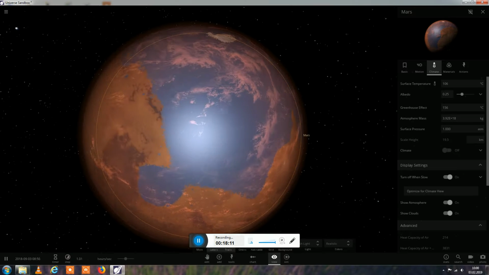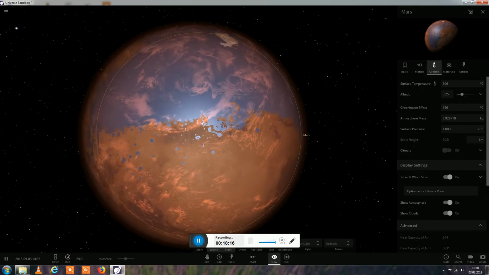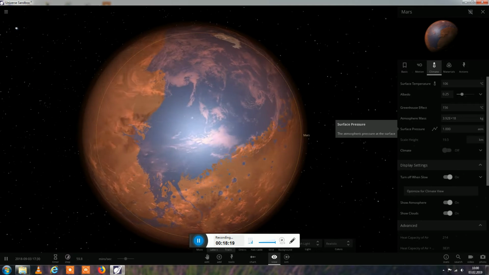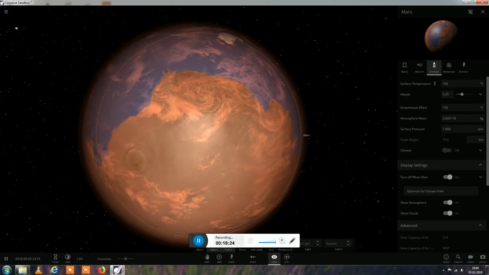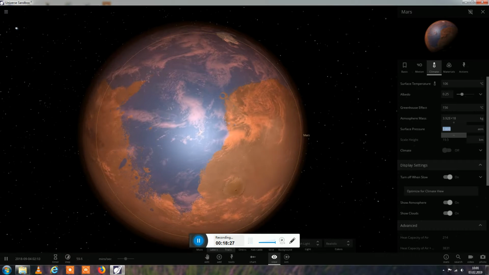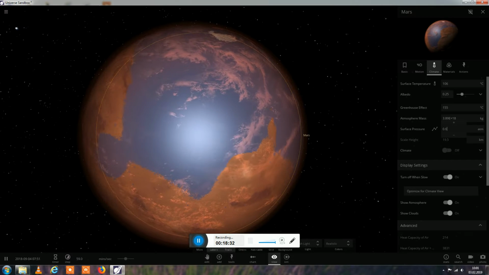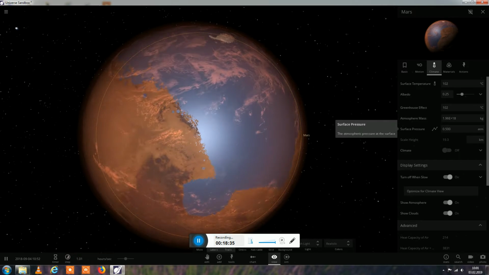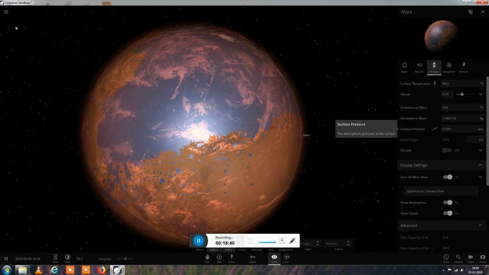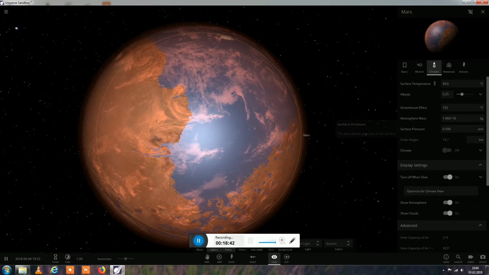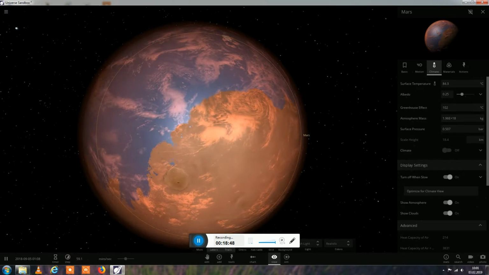So increasing the atmospheric pressure of Mars to 1 atmosphere as what I did here, probably not such a good idea. Maybe around about half an atmosphere, half of the pressure here on Earth, which is 0.5 bars.